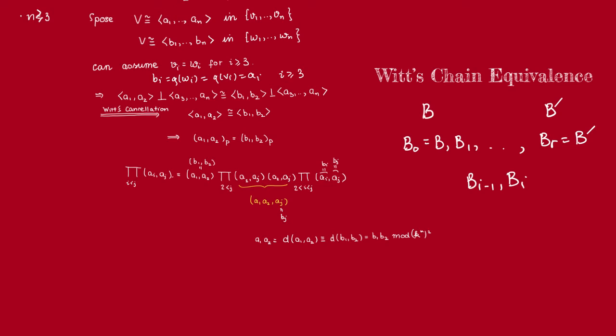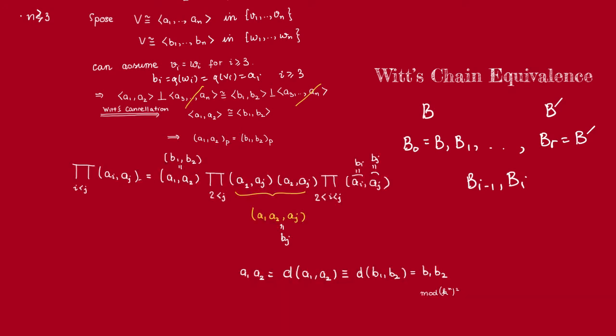Thus we have the following isometry between these spaces. These are both isometric to V. Now by Witt cancellation, we get that this space is isometric to this space. So by the previous case, the case when n is equal to 2, we know that the Hasse symbol, which equals the Hilbert symbol in this case, are going to be equal.